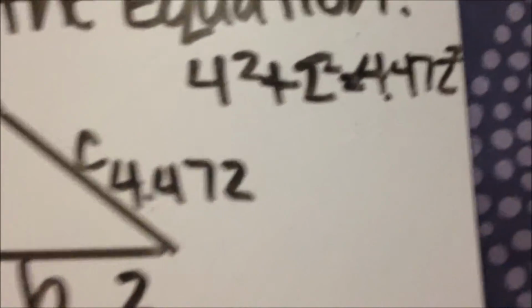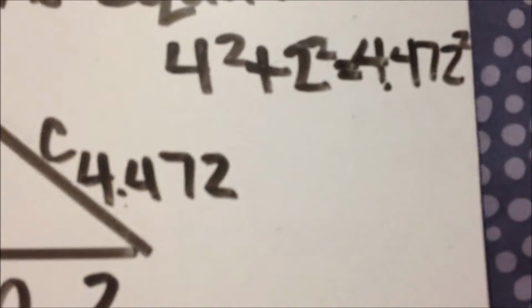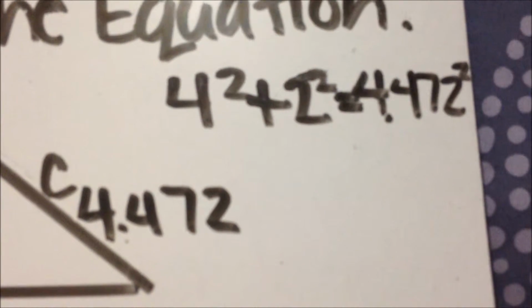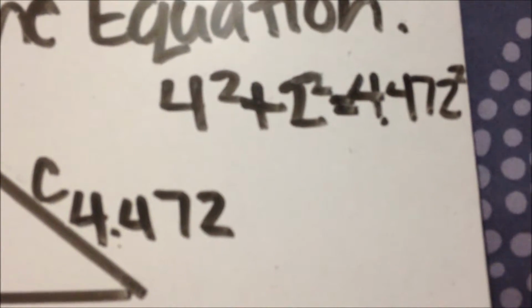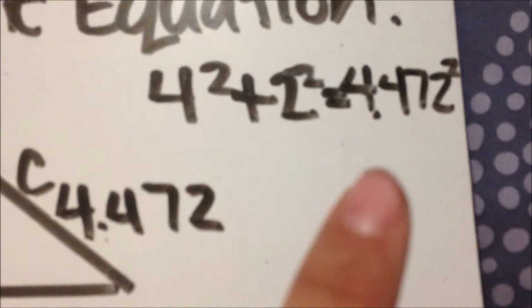Then we move on to the equation. Since A equals 4, you insert A in the equation where A is in the equation. So you should have 4 squared plus 2 squared equals 4.472 squared. The 4 replaces the A, the 2 replaces the B, and 4.472 replaces C.